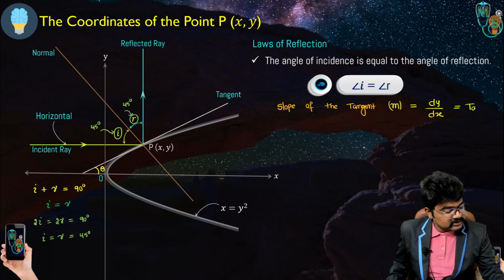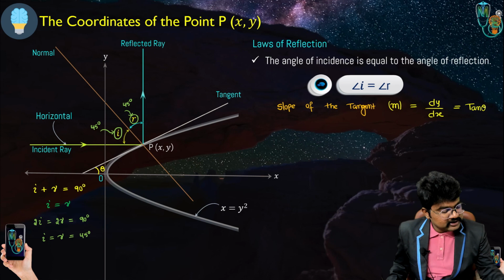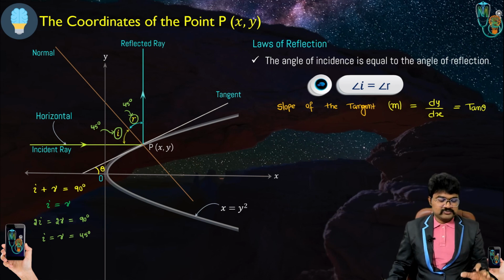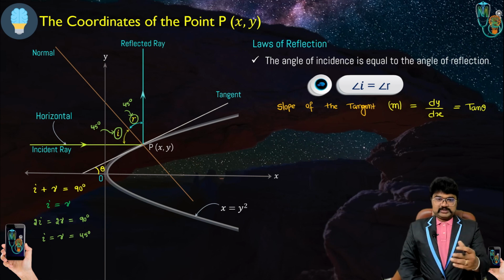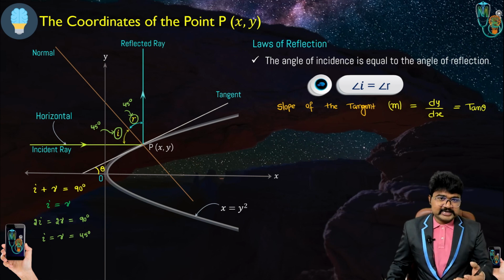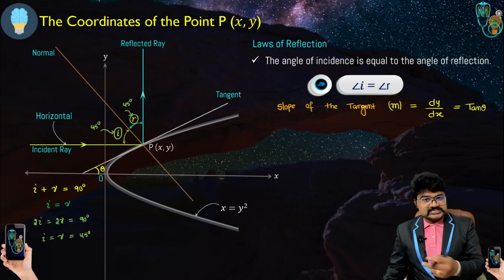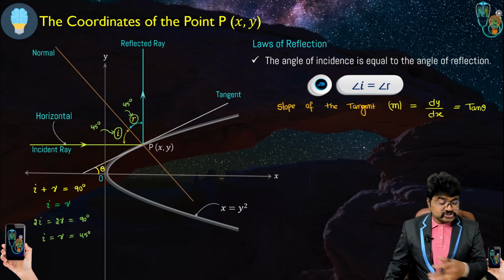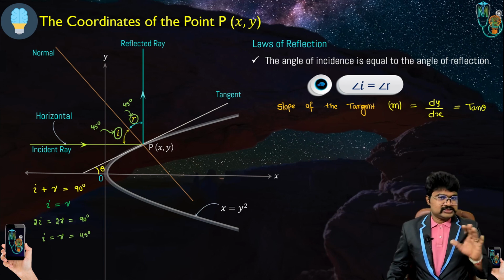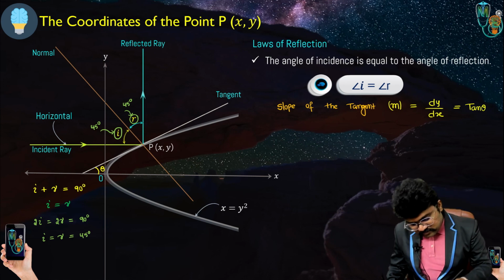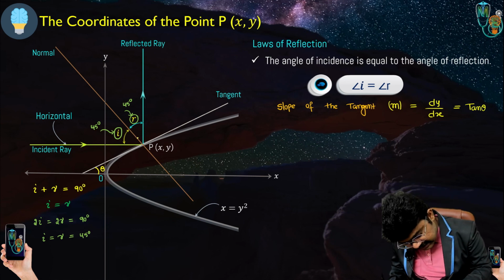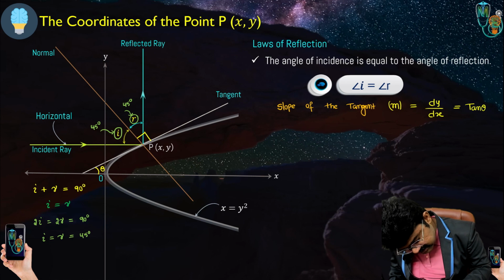M equals dy by dx, we know that from childhood. A line makes an angle theta with the positive x-axis. Then what is the slope of that line? Tan theta. Now we already know the normal makes an angle of 90 degrees with the tangent.